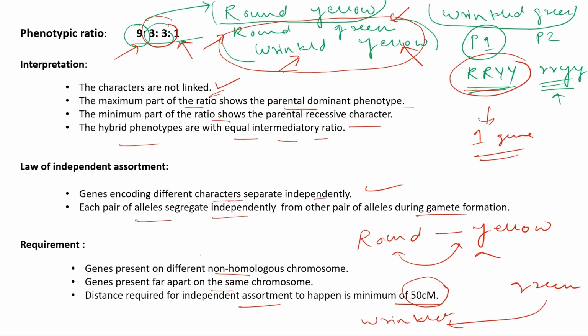Otherwise, if the distance is very close, we will study further in genetics, then in that case the two characters or the two genes transmit from one generation to the next in a linked way. Those are known as linked genes because they always go to the next generation together only. They don't get segregated like this. So to get separated like this, there should be a distance between two genes. Either they should be present on different chromosomes, or if they are present on the same chromosome, they should be far apart.